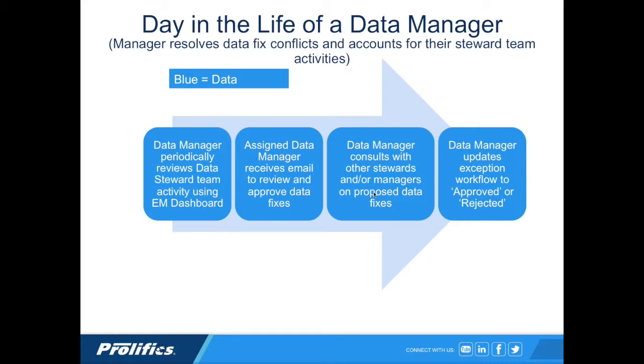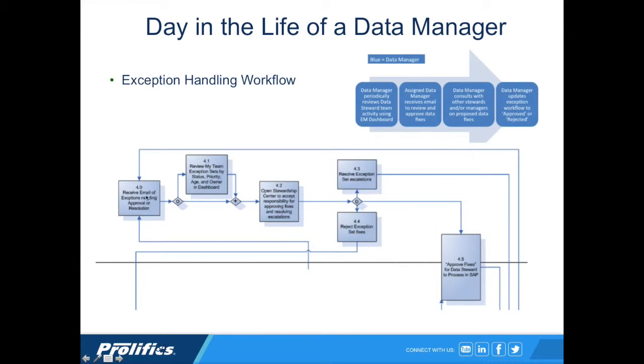And then he can update the workflow by either approving for an owner to actually apply, or by rejecting the proposed fixes back to the steward. So this is the simplified workflow. I receive email that somebody has approved, or submitted a fix, periodically go into the dashboard, and then decide whether I'm going to accept or reject the fixes.